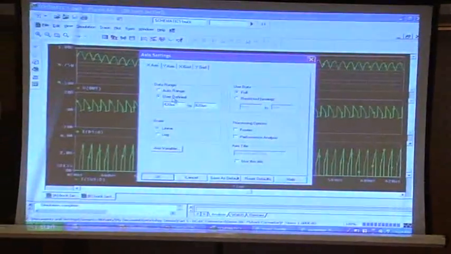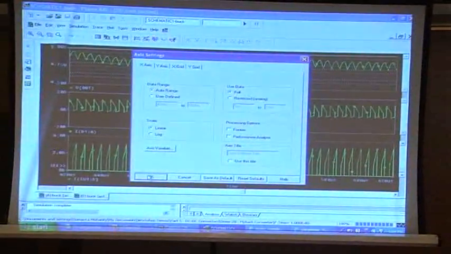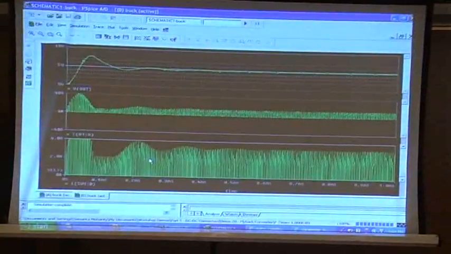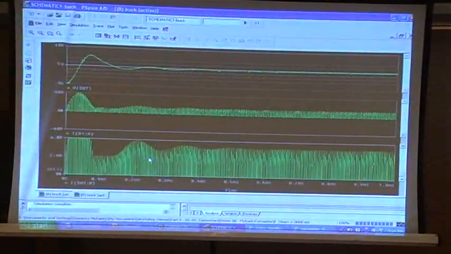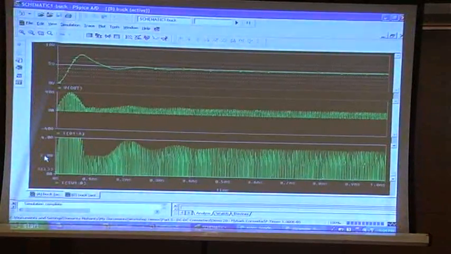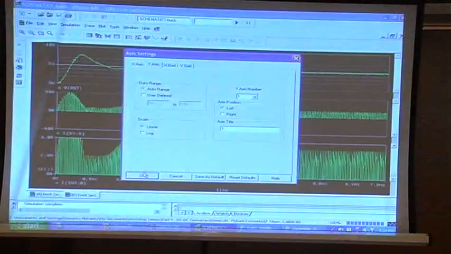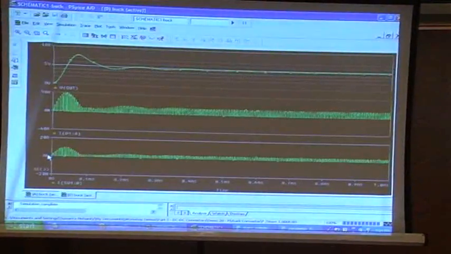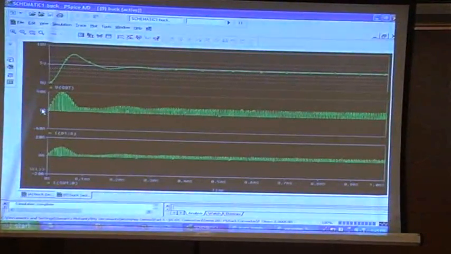So if we zoom out, that's how the waveforms look. So you have the primary side, the diode side, those are your three waveforms.